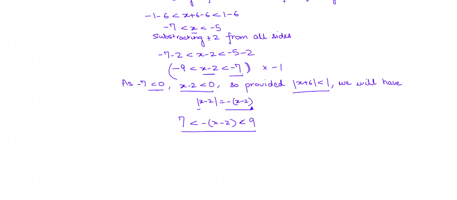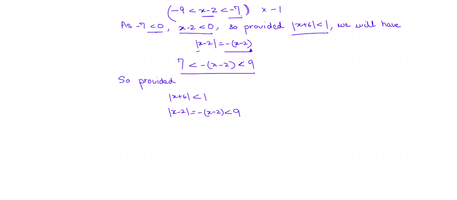But we saw that the absolute value of x minus 2 is equal to negative x minus 2. So we can substitute now, instead of negative times x minus 2, the absolute value of x minus 2.